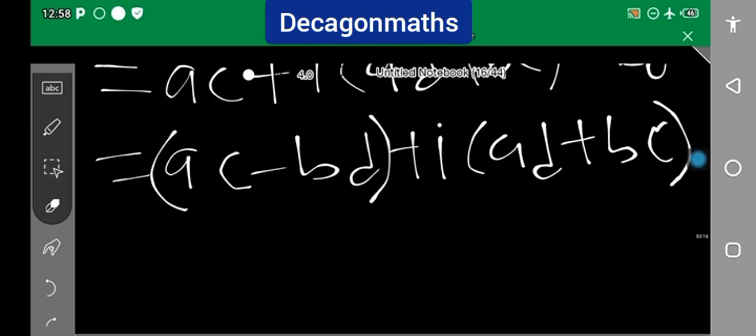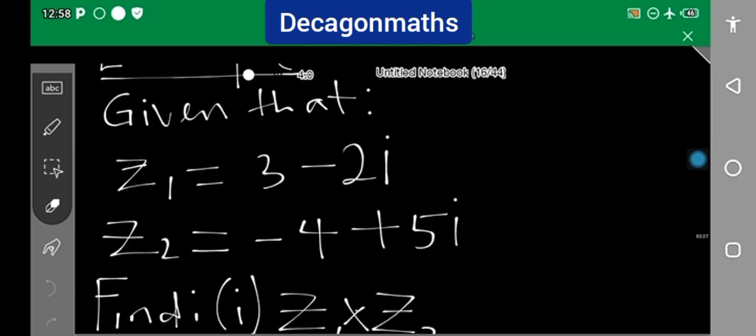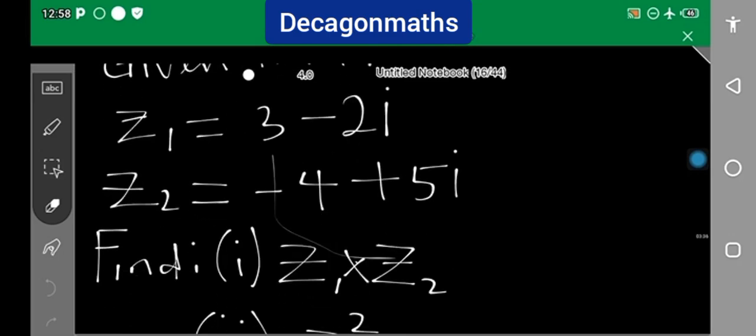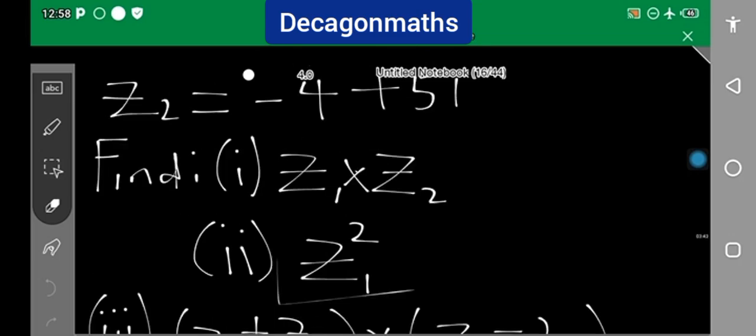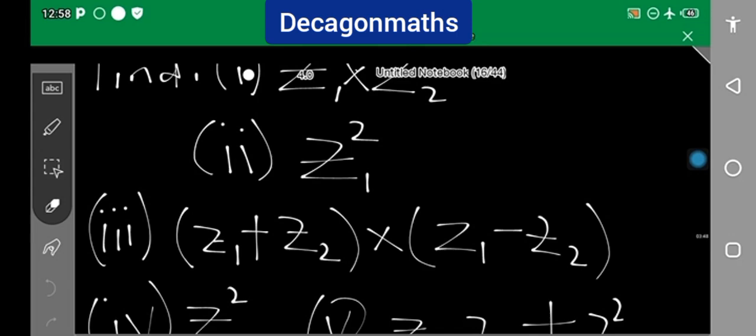Okay, moving on. Let's take a look at some examples. Now, this is our example. Given that Z1 equals 3 minus 2i and Z2 equals minus 4 plus 5i, we have to find the following. We have Z1 times Z2. We have to find Z1 raised to power 2, and we have to find Z1 plus Z2 multiplied by Z1 minus Z2.